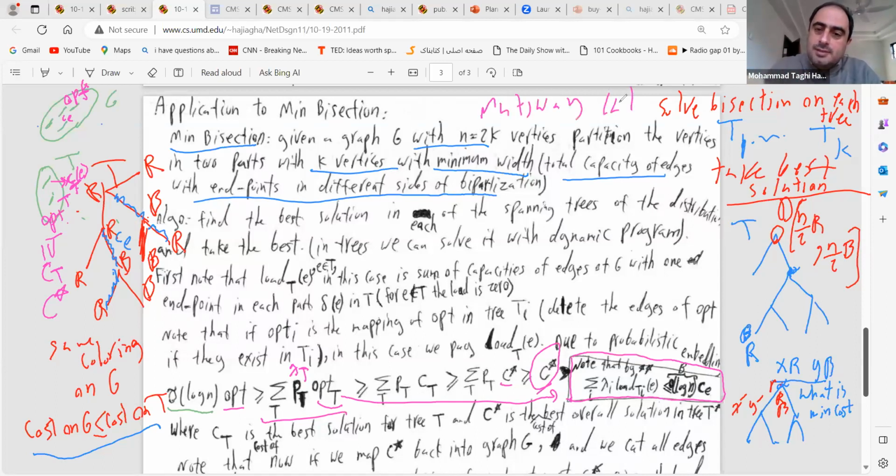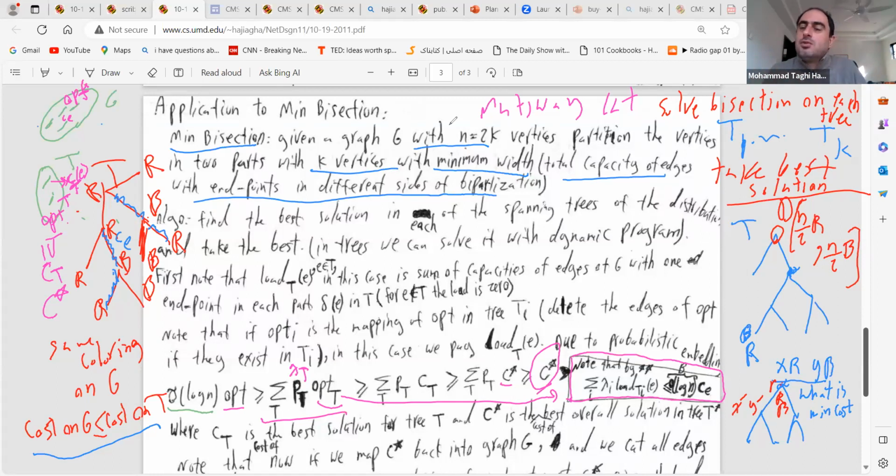Multi-way cut is somehow the dual of the Steiner tree problem. You may have multi-commodity cut, which is somehow the dual of Steiner forest. You are given a set of pairs, and for this set of pairs, you want to delete the minimum number of edges such that all pairs are disconnected. All of this you can just solve on the trees.